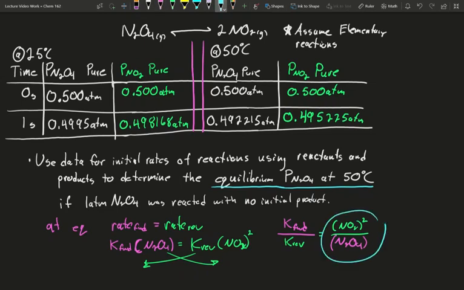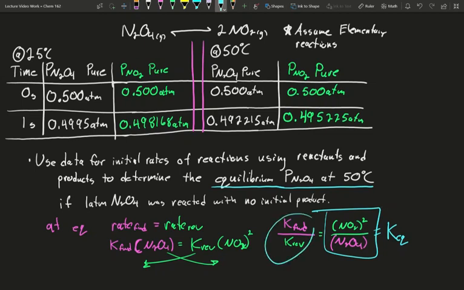But this NO2 squared over N2O4, that is products over reactant to the power of their coefficients. That would be equal to Q, except that we're at equilibrium, so it's really equal to the KEQ. If we take our rates at equilibrium expressions and reorganize it, we can create the mass action expression for that reaction.